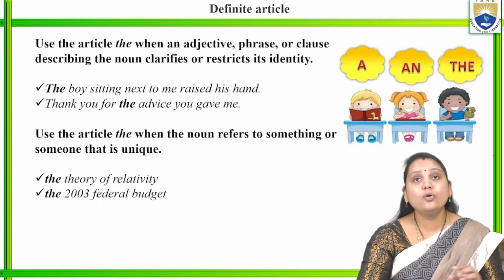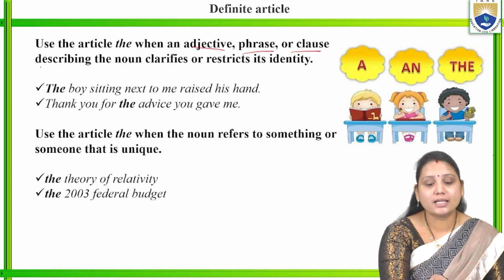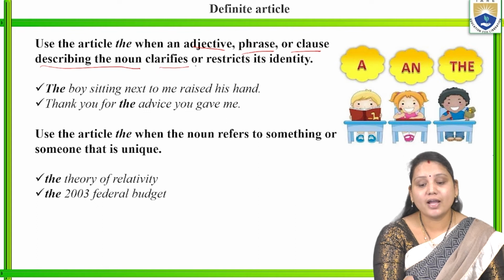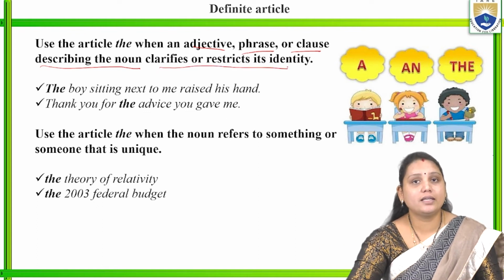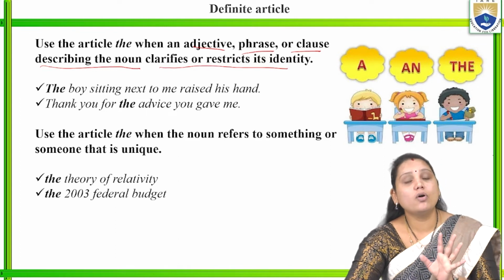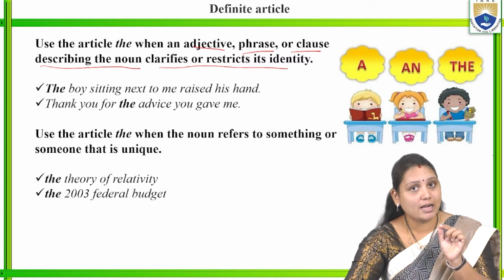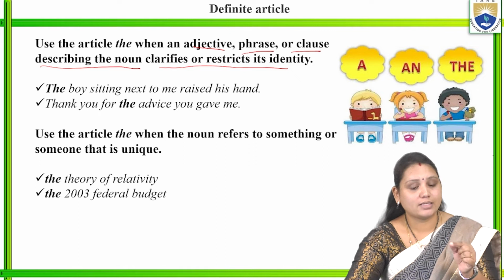Now let us see. Use the article the when an adjective, phrase or clause describing the noun clarifies or restricts its identity. The can also be used before all these things when there is no clarification or restriction of its identity. Now let us understand this with an example.